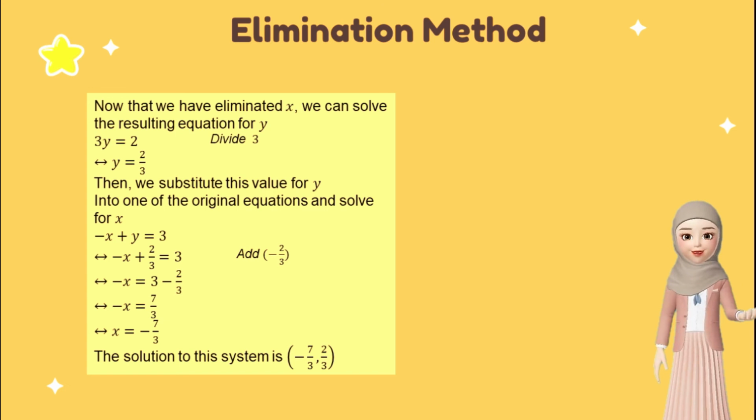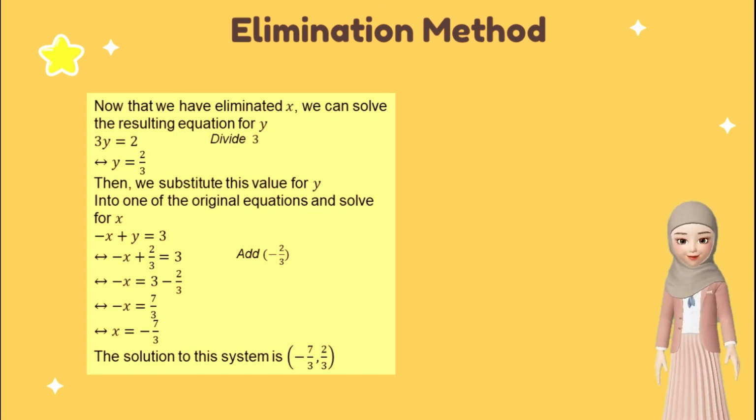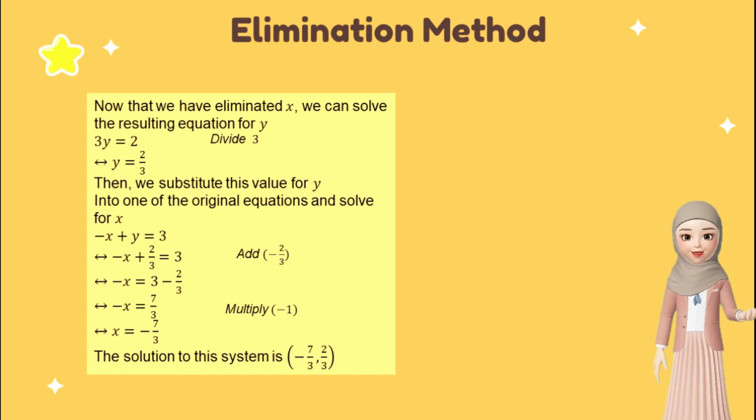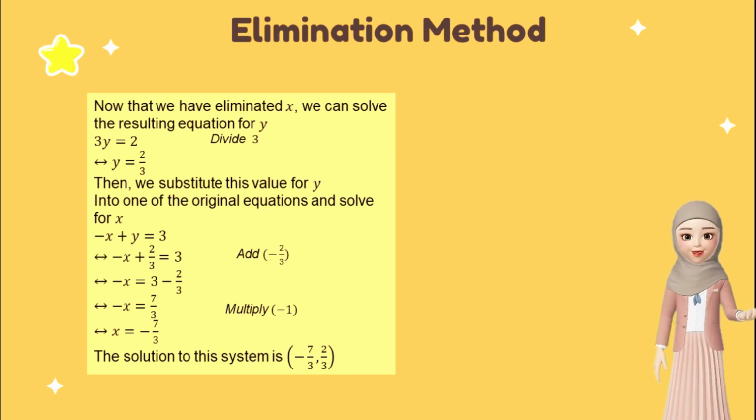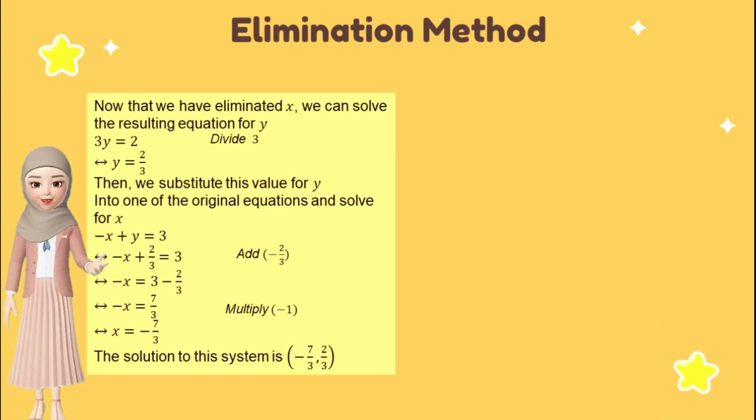Minus x equals 7 over 3. Multiplying by minus 1, we get x equals minus 7 over 3. So the solution to this system is (minus 7 over 3, 2 over 3).